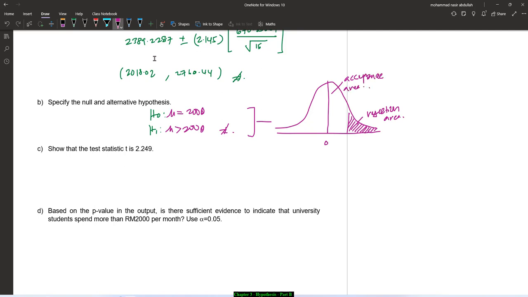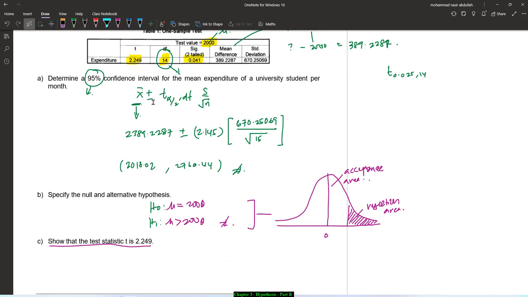Next, show that the test statistic is 2.249. The test statistic is x bar minus mu divided by s over square root of n.